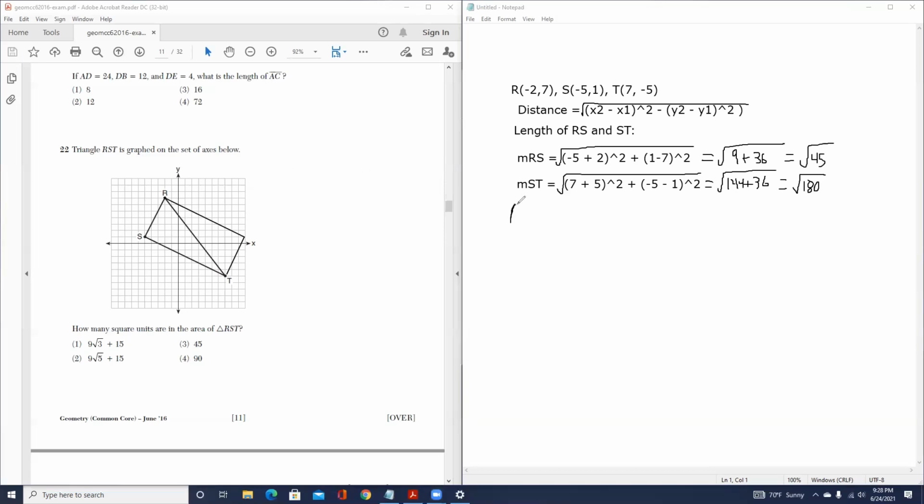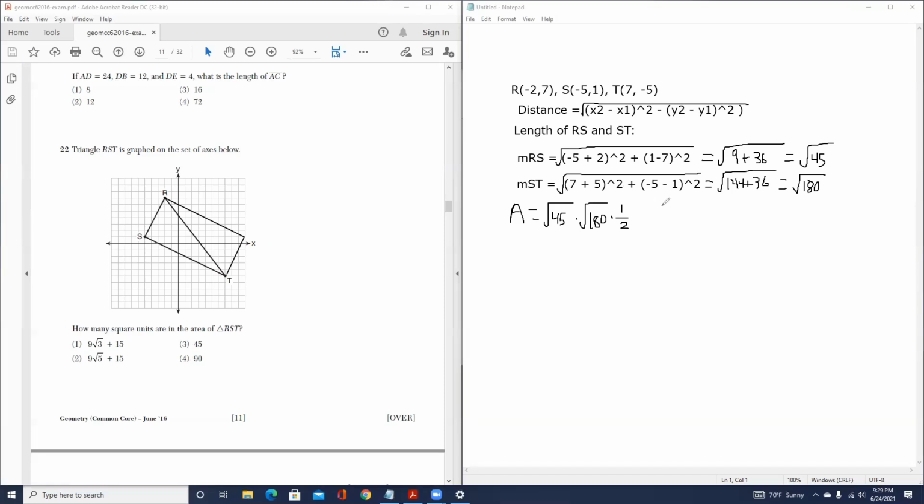So the area is equal to radical 45 times radical 180 times 1/2, because we're only calculating the area of this triangle, not the whole parallelogram. 1/2 base times height.